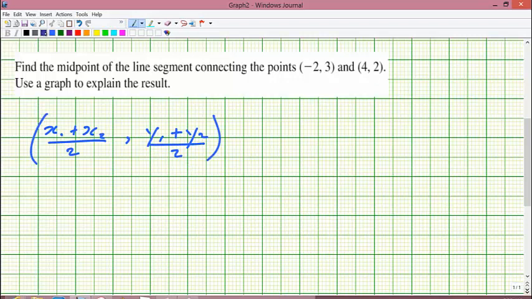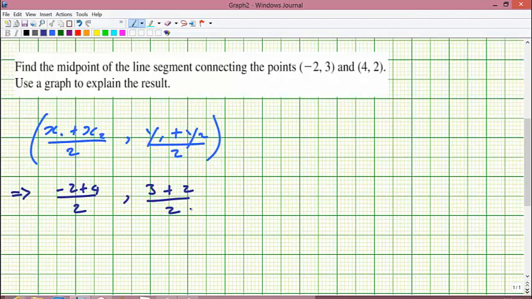So let's do the first one, x1 plus x2 over 2, so that is -2 plus 4 over 2. And looking at y, y1 plus y2 over 2, 3 plus 2 over 2.